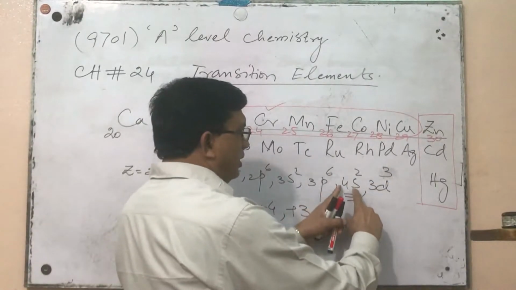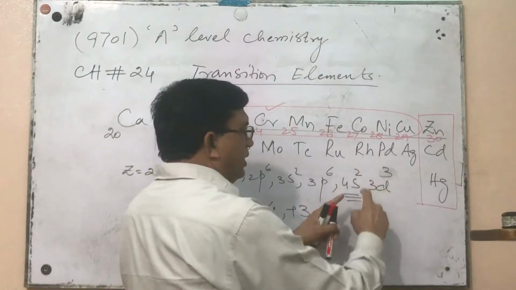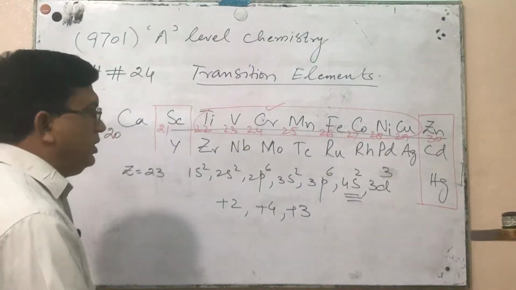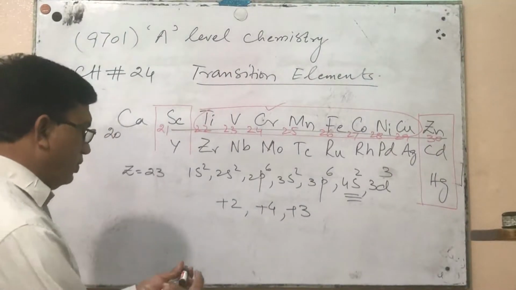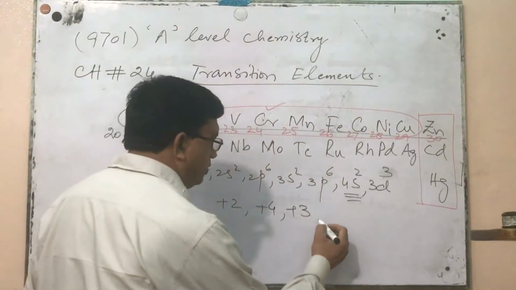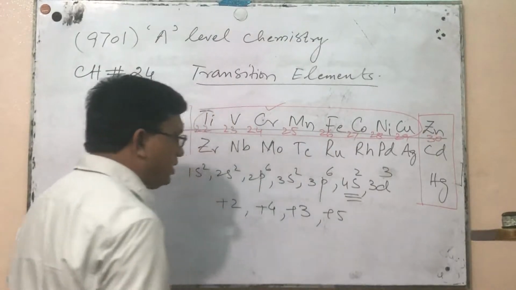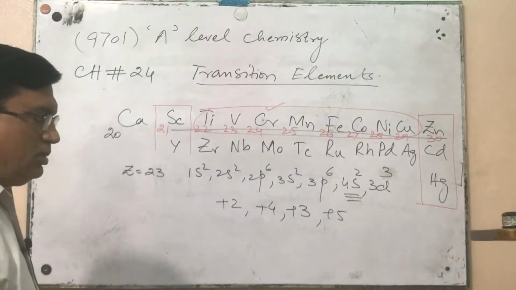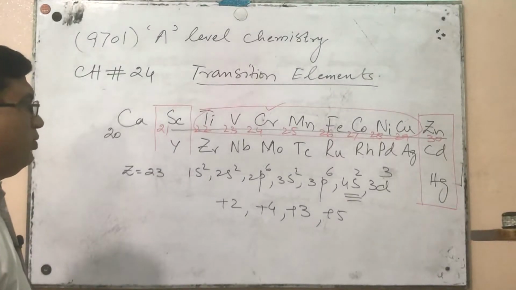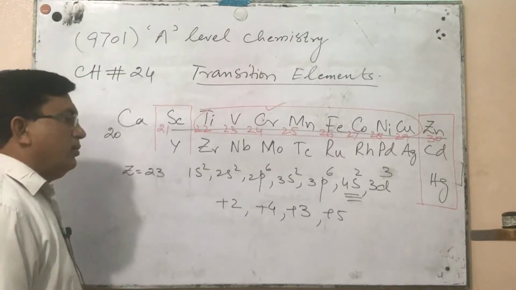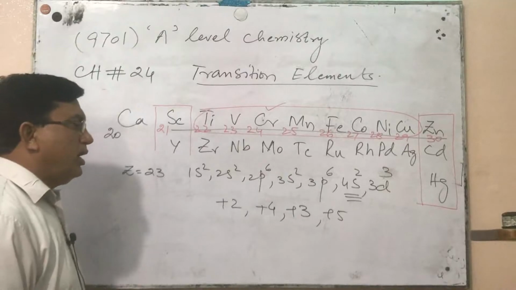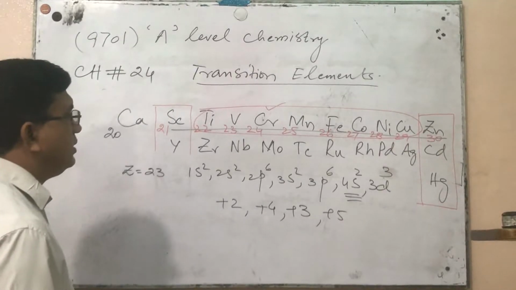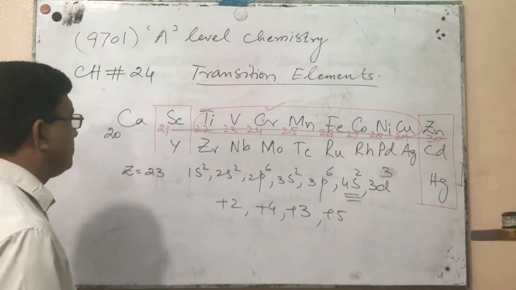And then if 2 electrons of 4s and 3 electrons of 3d are removed, the positive 5 oxidation state can also be produced. All these oxidation states can be developed, but the most stable are those in which the cation contains unpaired electrons and a partially filled d orbital. That's why these are called typical transition elements.